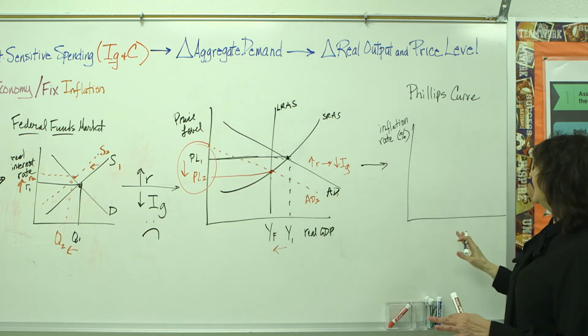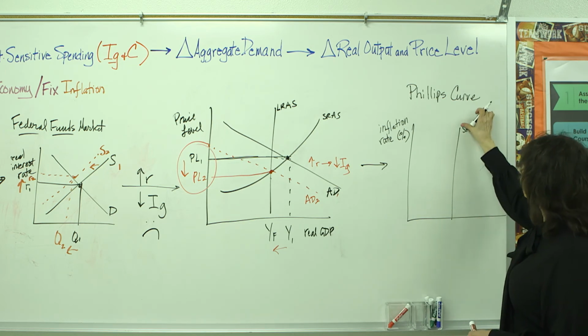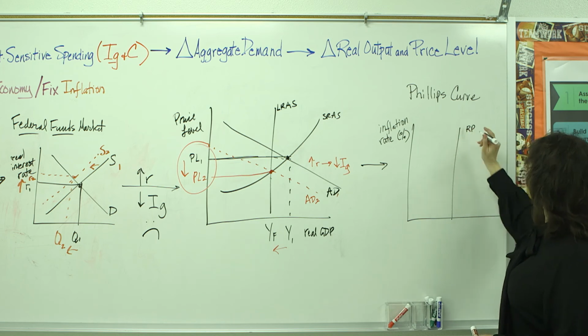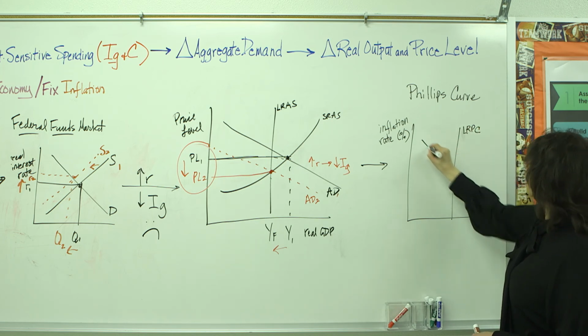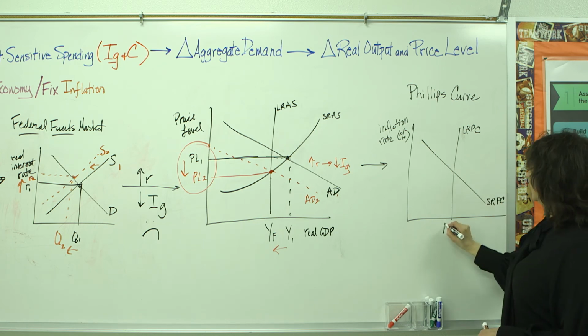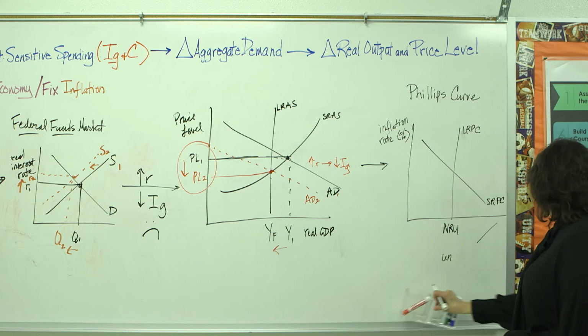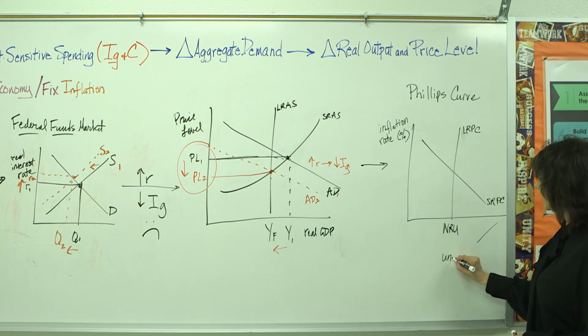Those are two different things, okay? So short run Phillips curve, let's make that a long run curve. Long run Phillips curve, short run Phillips curve, the natural rate of unemployment, and then once again, because it's very wordy, let me go ahead and just pull down here for unemployment rate.